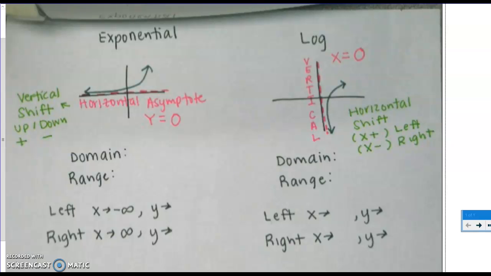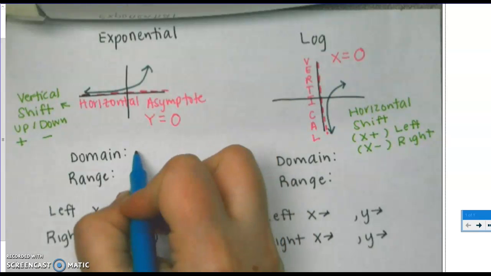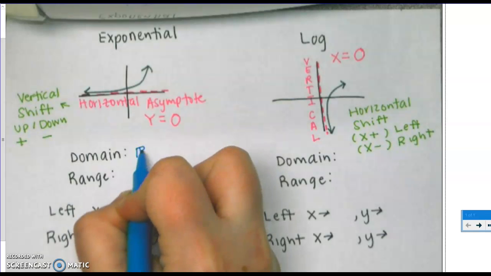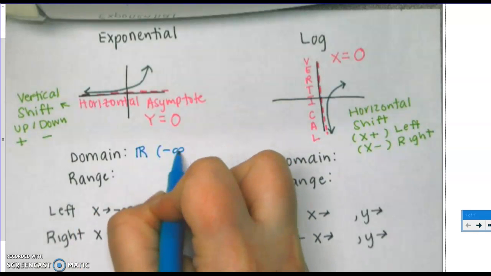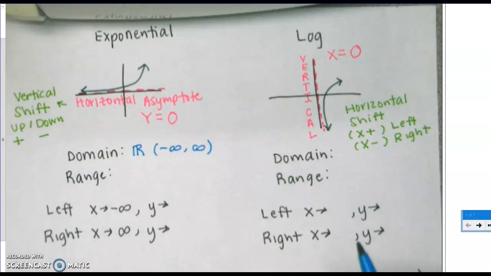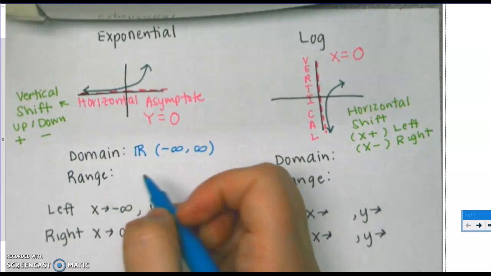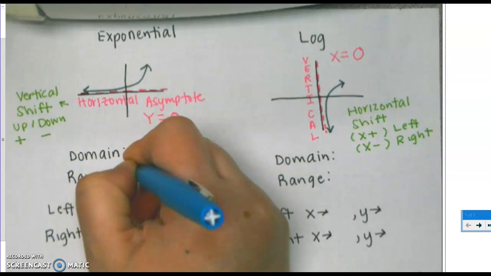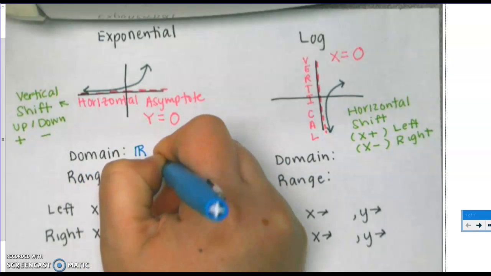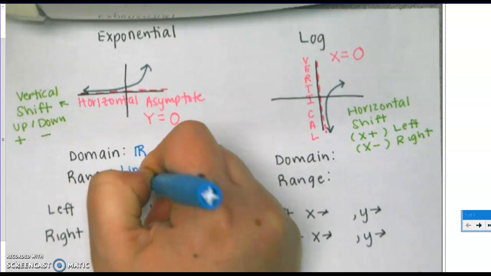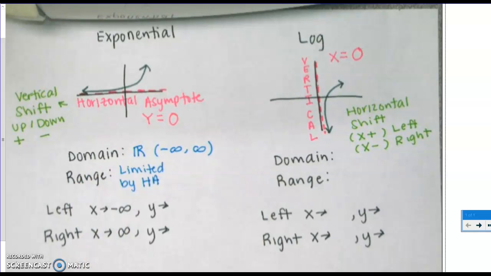All right, exponential functions. Every single exponential function has a domain that is all real numbers, negative infinity to positive infinity. The range is the one that is limited, and it's limited by the horizontal asymptote.